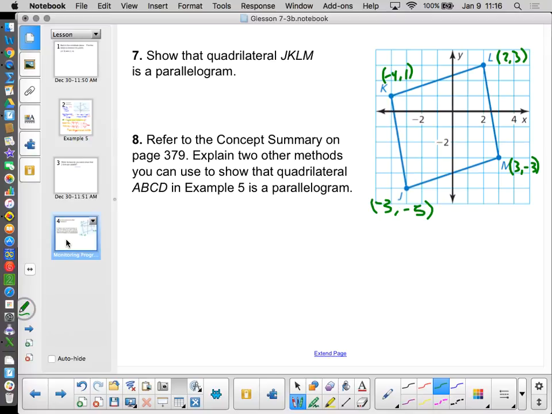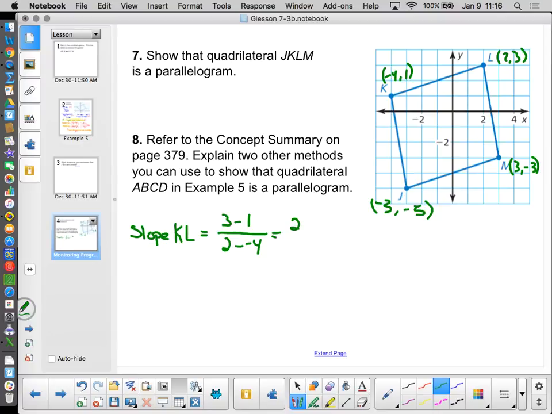Since I'm choosing right now, I'm just going to do the definition. I'm going to say, prove that the opposite sides are parallel. So what am I going to measure? Again, write out what you're doing. So we're going to say the slope of KL. Write it as what you're finding and do the calculation. Equals y2 minus y1, 3 minus 1, over x2 minus x1, 2 minus negative 4.